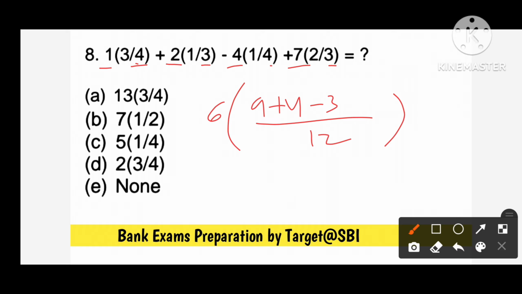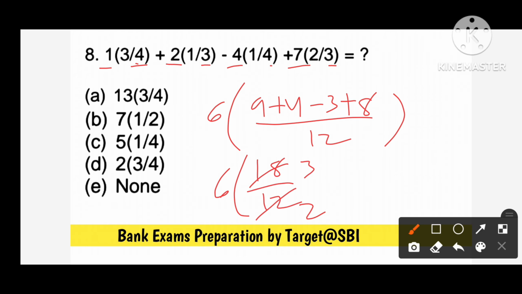So 3 here plus 3 4 times. 4 2 times 8. So we are left with 9 9 18. So 6 18 divided by 12. 6 2 times, 6 3 times. So what we are left with is 7 1 by 2. So this is our answer. So option B is the answer.